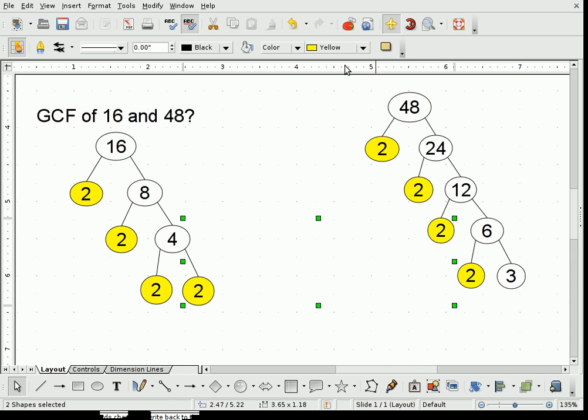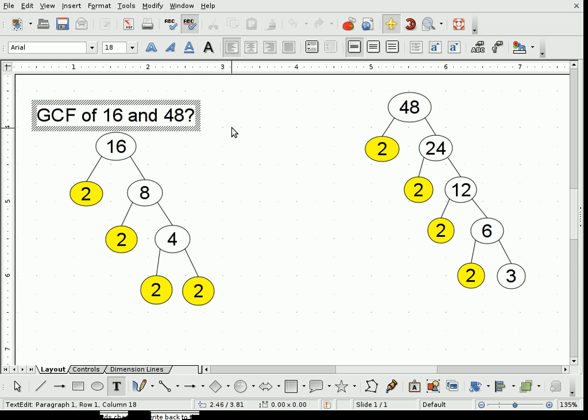Can we match anything else? Nope, cannot, because every prime factor of 16 is already matched with prime factors of 48. Okay, well that's pretty interesting because the GCF, or the greatest common factor of 16 and 48, is 2 times 2 times 2 times 2, because we multiply all the yellow bubbles together, and guess what?